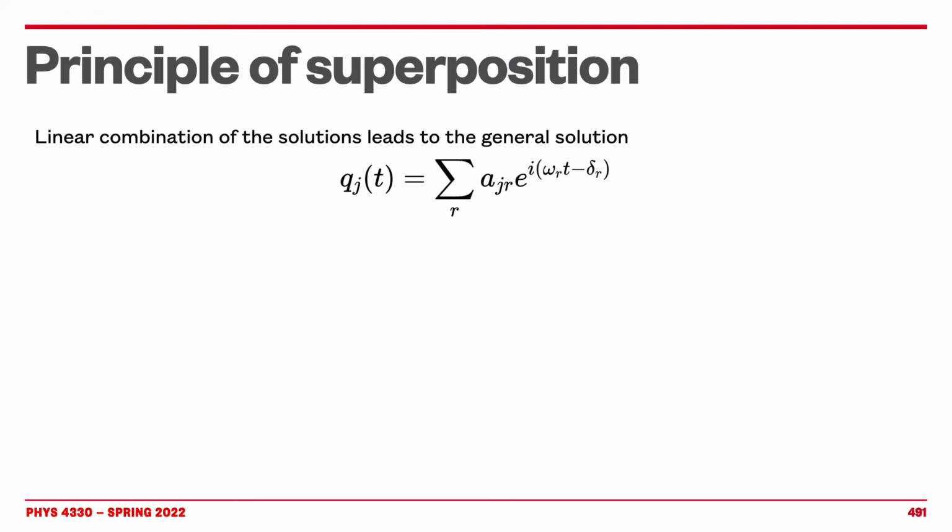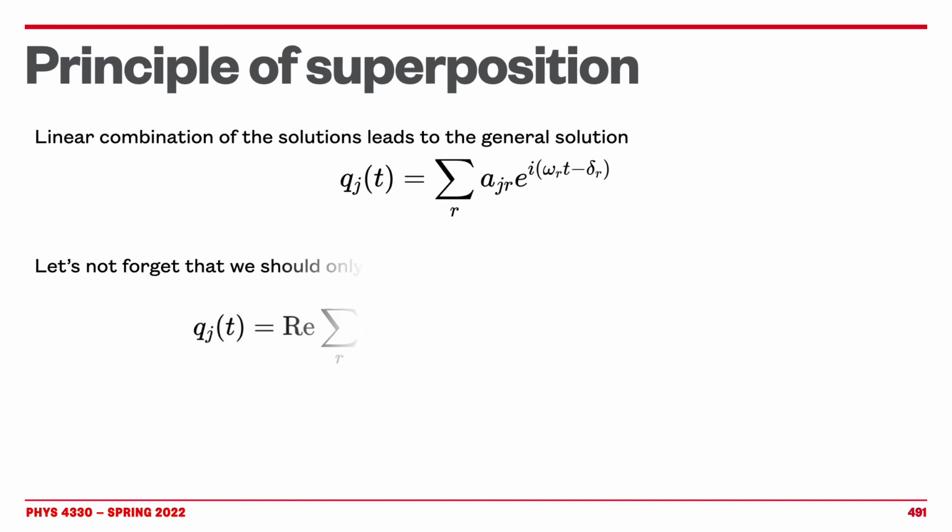What we've done so far is to calculate the specific solution A_j^(r) e^(i(omega_r t - delta_r)), and we found n of those, labeled with the index r, where r goes from 1 to n. Any linear superposition of those solutions is going to be a solution as well. So this is the general solution we have.